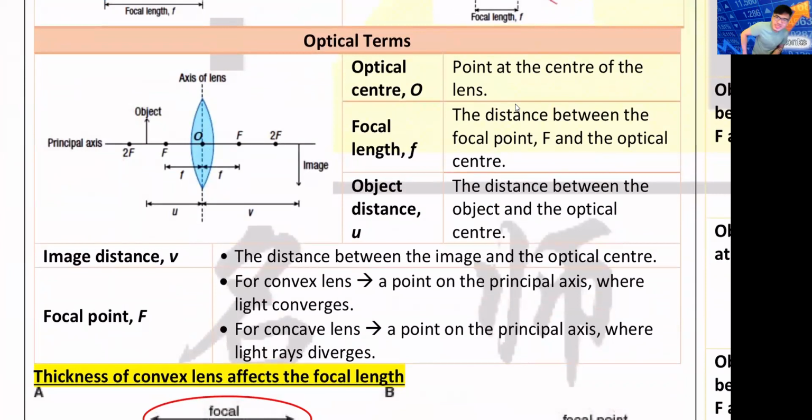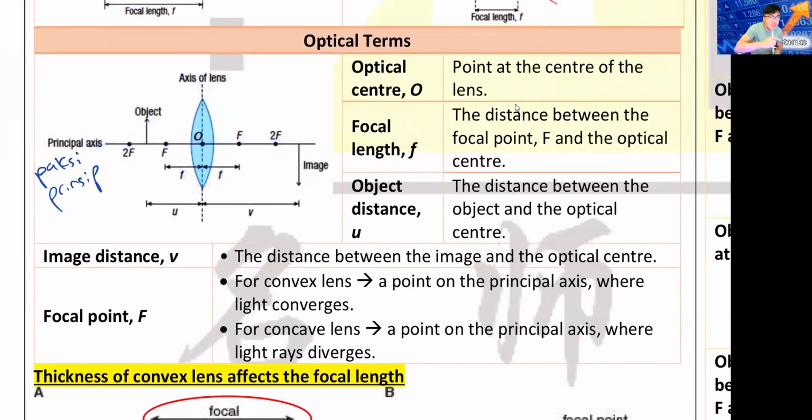So optical terms, there are a few words about lens that you should know. This should be very simple and basic knowledge to you. Everything you start with the principal axis, which is called Paksi Prinsip, if I'm not mistaken. That means you have a line here, and then your lens is here.